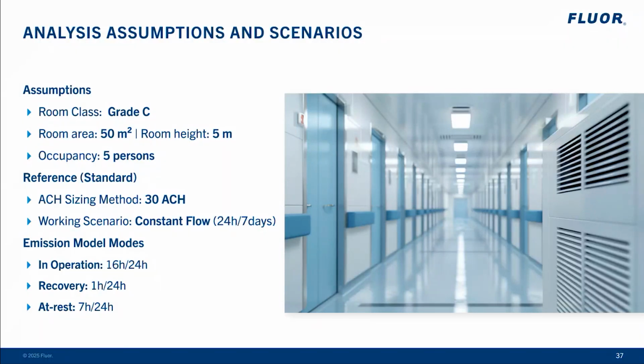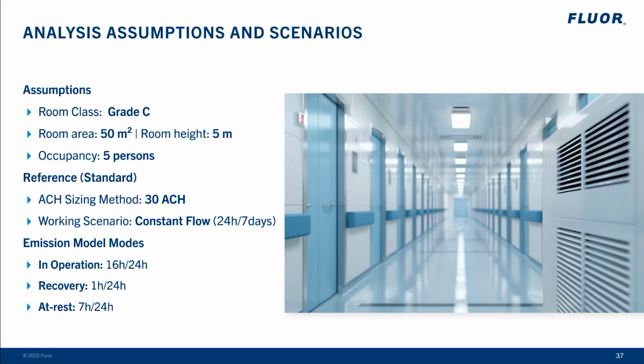The cleanroom under analysis is grade C with an area of 50 square meters, a height of 5 meters, and an expected occupancy of 5 people. As a reference point, we use the standard air change method, 30 air changes per hour.